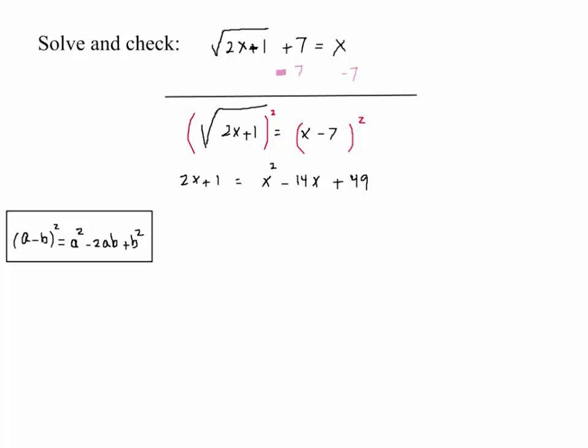You could use the term by term method, just multiply the binomial and write this down as a minus b times a minus b, but you should really start looking at using the formula. But in any case, you would get x squared minus 14x plus 49 on the right-hand side.